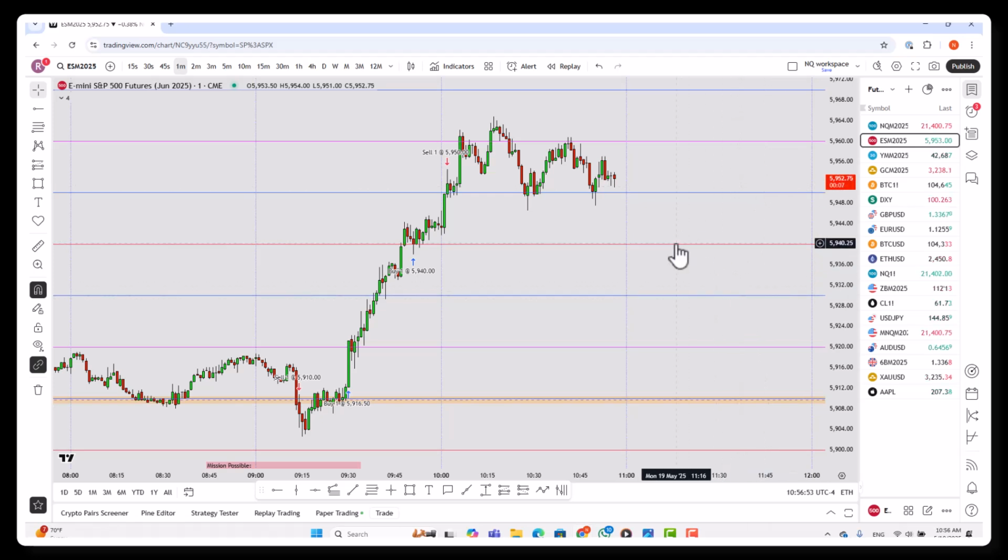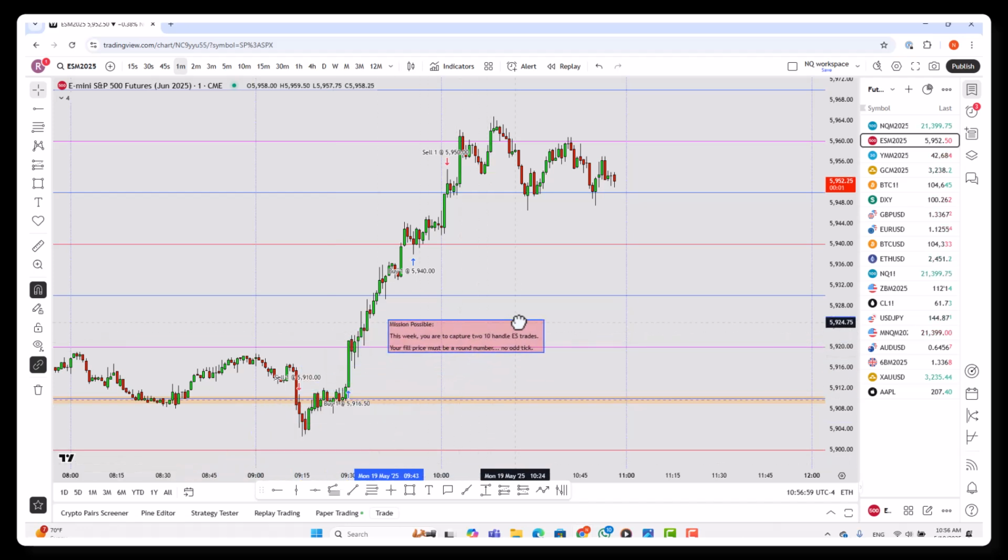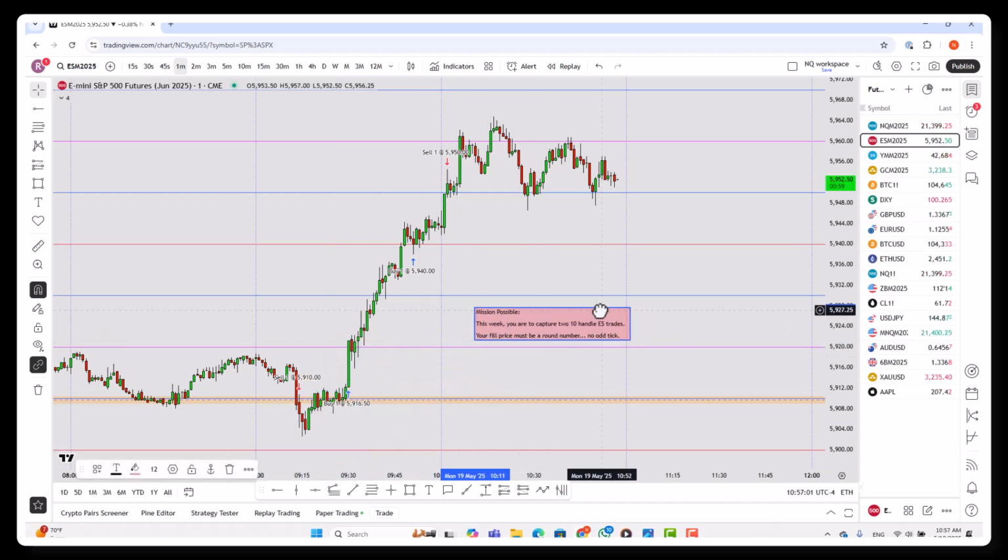I think the purpose of the assignment is to show us how easy it is to get 10 handles in ES and also trust your bias.